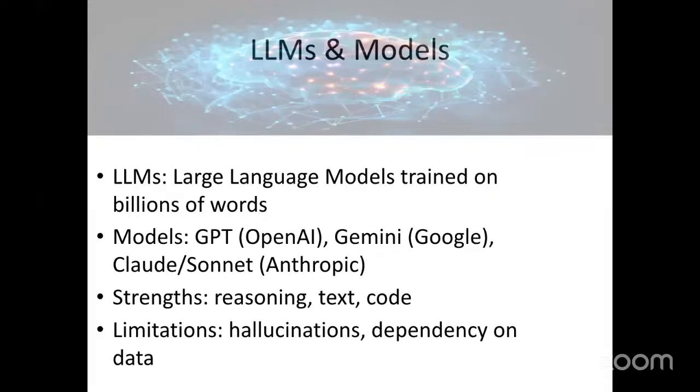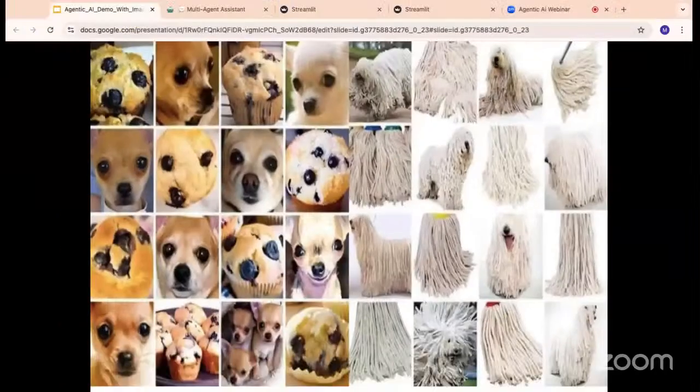If you have used the different models, you will see that some models are good in text to text, some models are good in code. Since I have been working on AI for many days, I have seen that Claude Sonnet is better in giving code results, code kind of things.